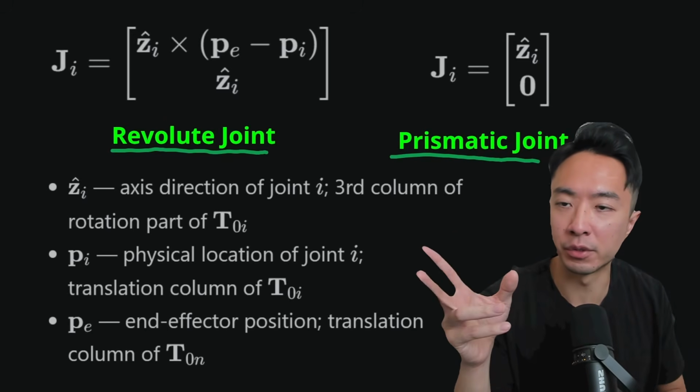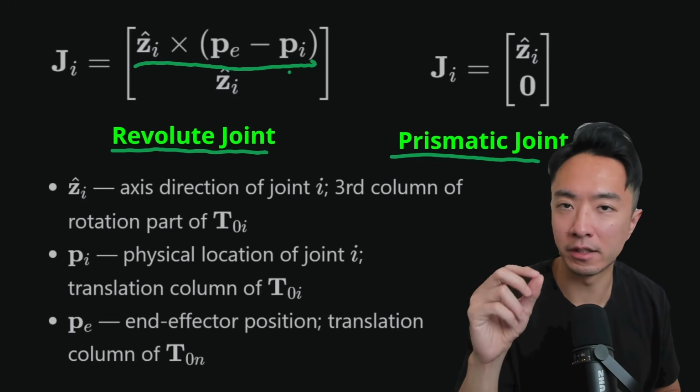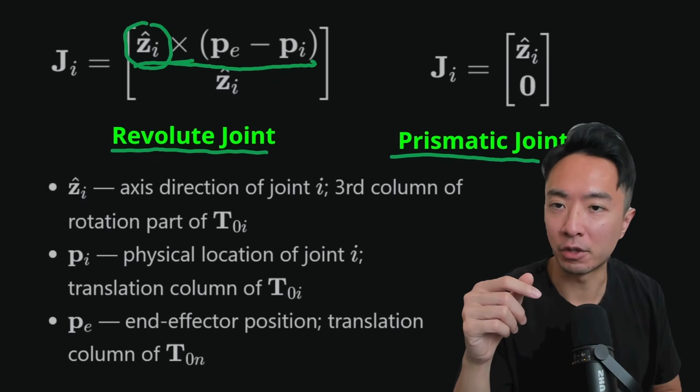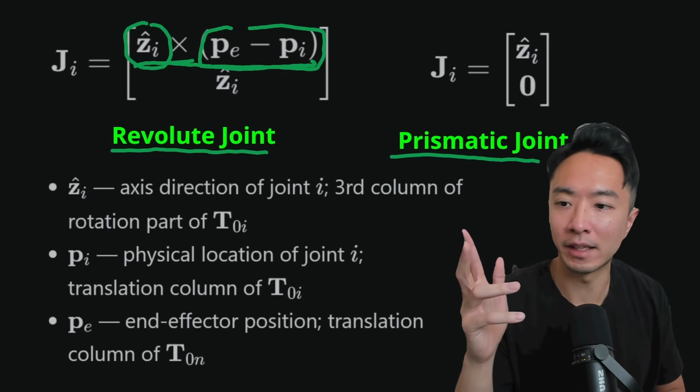So for the revolute joint, the expression to calculate the Jacobian, the geometric one, is going to be the z-axis and the cross product of the vector between PE and PI.